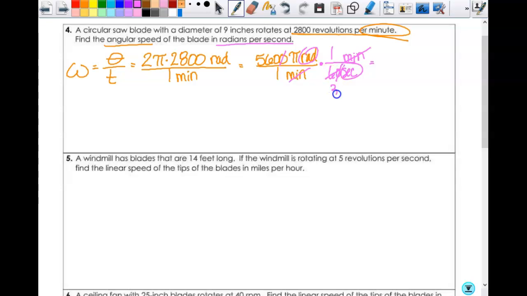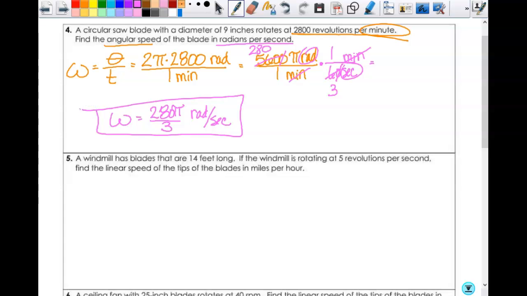So this becomes a 3, and when I divide this by 2, you get what? 280. So that means that omega is equal to 280 pi over 3 radians per second. What questions do you have? We good? All right, let's look at 5.